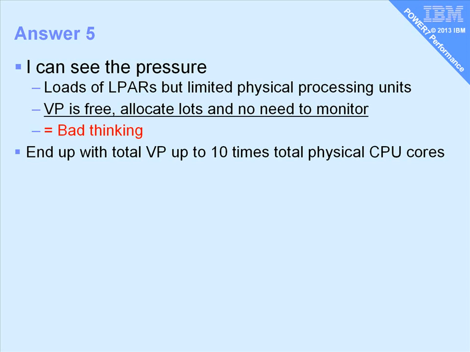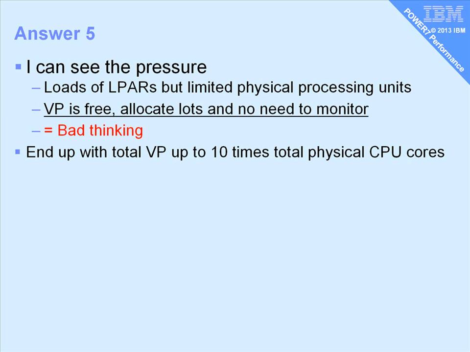Well, it doesn't seem to cost you anything at all, does it? So people like to be generous and allocate lots of virtual processors because they don't seem to be a cost to them. And of course, if you have very high capacity in your logical partitions, then there's no need to monitor them. They can always grab whatever they need. And I think this is pretty bad thinking. What we end up with is the total virtual processors can be up to 10 times the physical CPU cores.